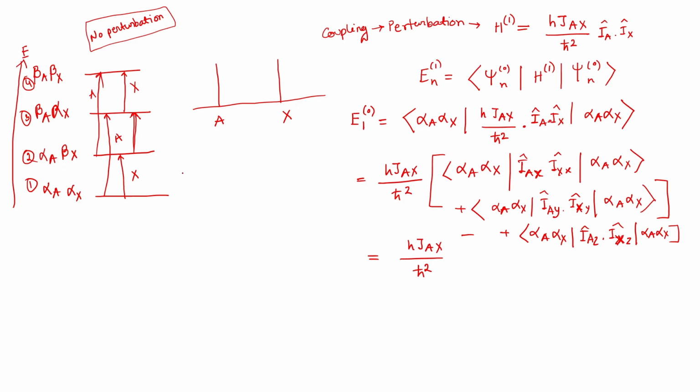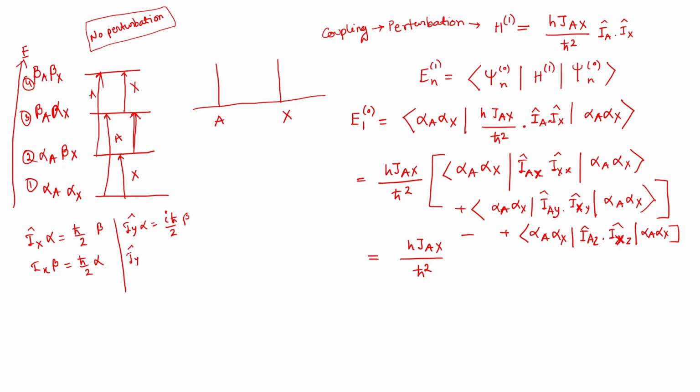Now we need to know these relationships also. I x working on alpha will give you h cross by 2 beta, which is not an eigenvalue equation. Similarly, on beta you are going to get h cross by 2 alpha. Now when I y works on alpha, you are going to get i h cross by 2 beta.